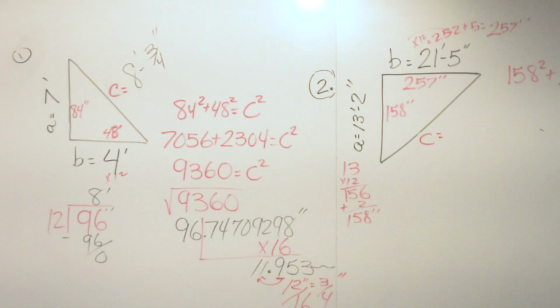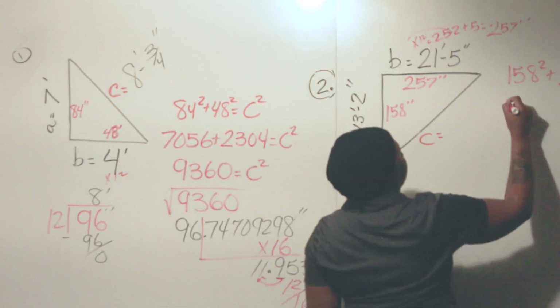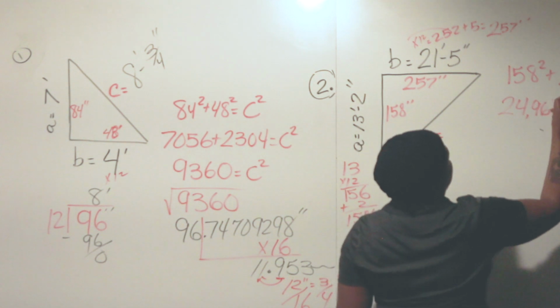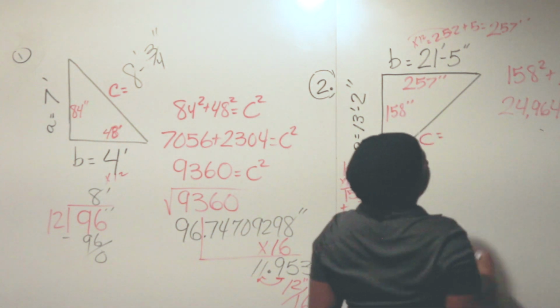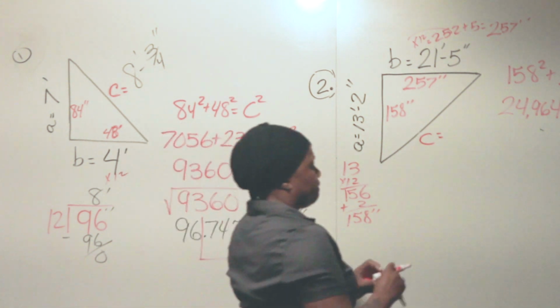So when we square 158, what do we get? 158 times 158 is 24,964. When you square 257, 257 times 257.